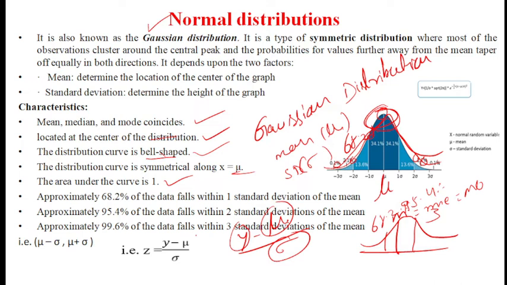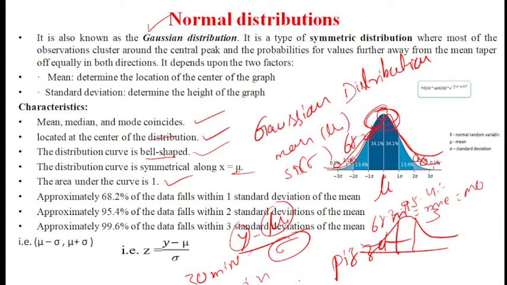Let us take the example of pizza delivery. Assume that a pizza restaurant has a mean delivery time of 30 minutes and a standard deviation of 5 minutes.